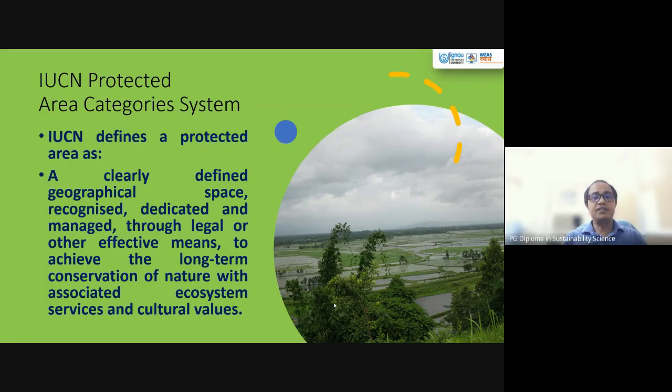The objective of these protected areas is that they should have a clearly defined geographical space, recognized, dedicated, and managed through legal or other effective means, to achieve long-term conservation of nature with associated ecosystem services and cultural values, right? Just try to understand this definition by IUCN of a protected area. Important is long-term conservation of nature with associated ecosystem services and cultural values. That is the main objective, right?